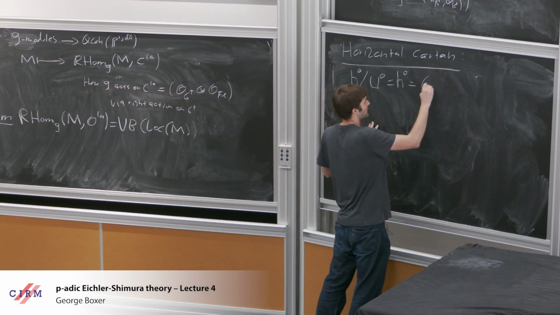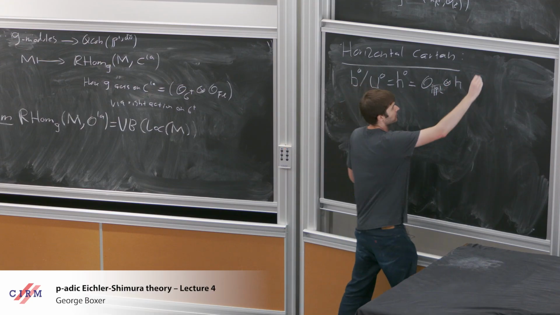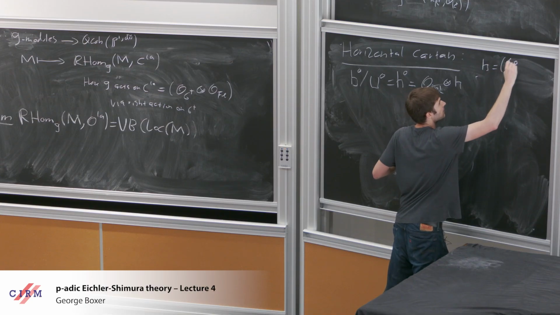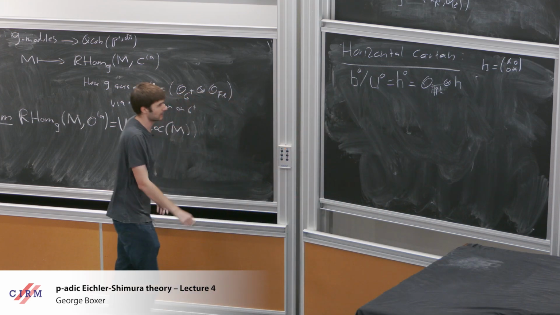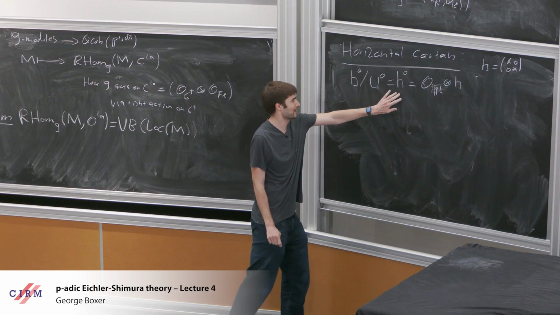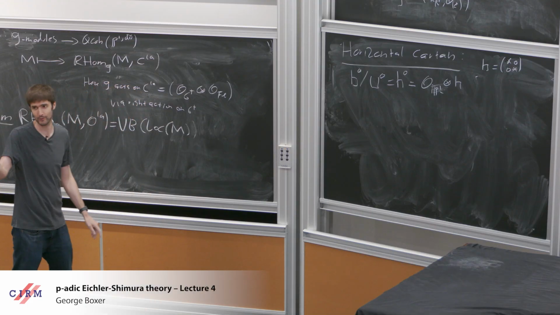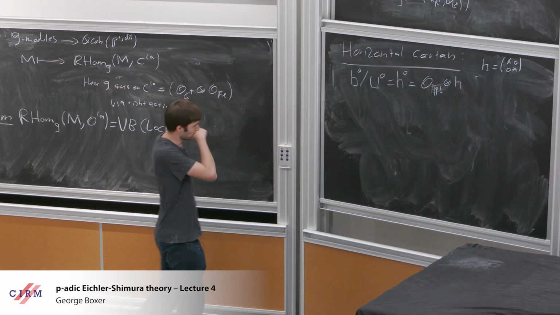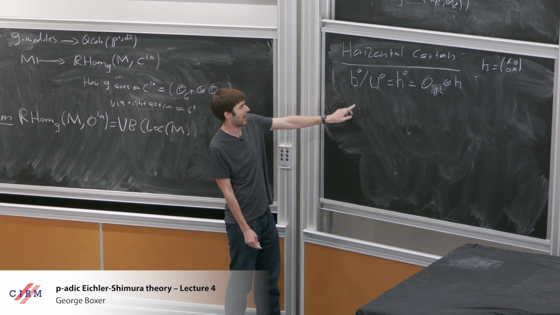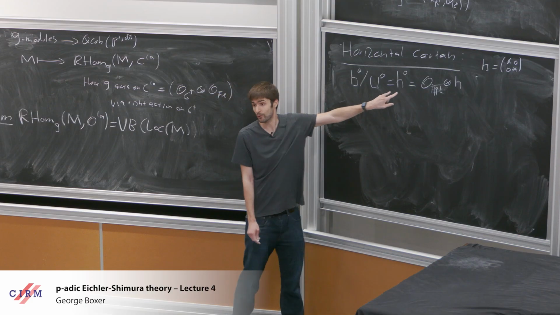So this is actually just O_FL, or let's write P1, O times H, where H is just the torus in the Lie algebra. And, okay, maybe I was prepared to say something about how you can see that for GL2, but I don't have time. And also, Vincent said it in the questions yesterday. And so what this basically tells you is that whenever you have a G0 mod U0 module, you get an action of this horizontal Cartan.